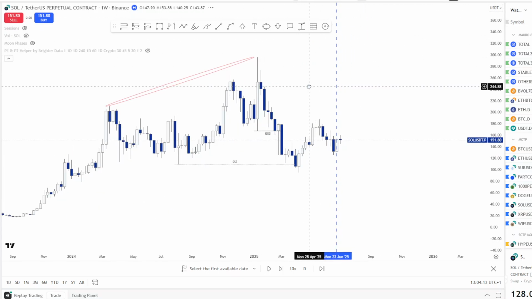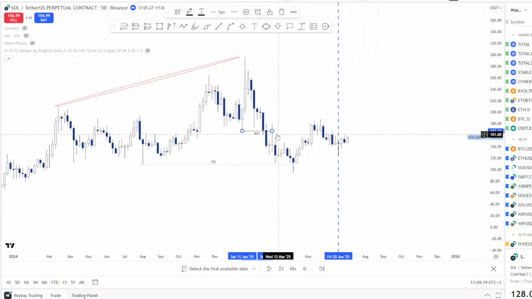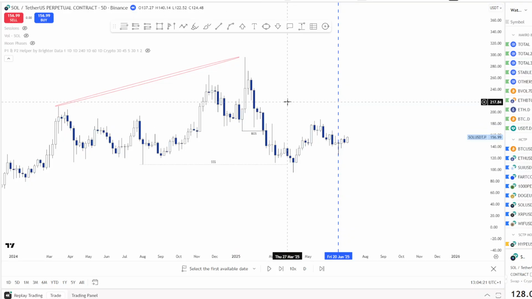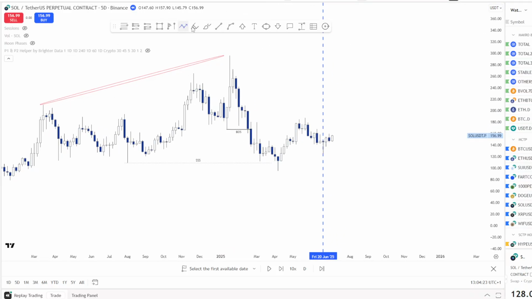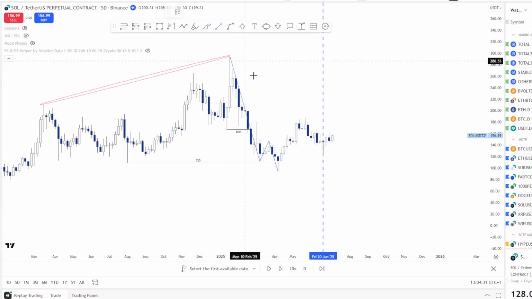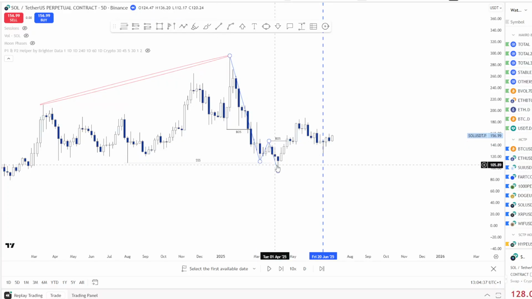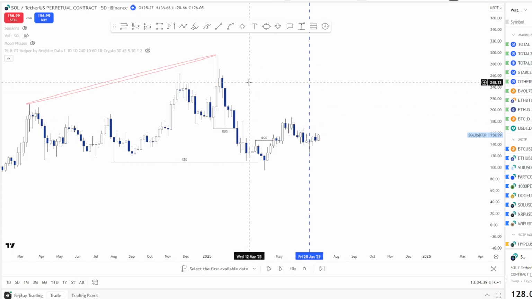Yeah, so we just skip through the time frames, and I can see we have valid 5-day market structure. This is our level 2 market structure, and it broke bullish right here.